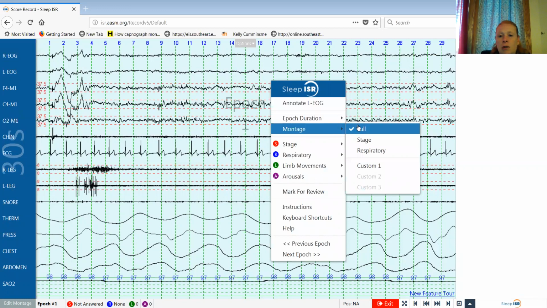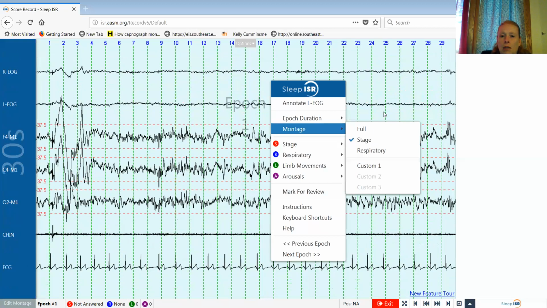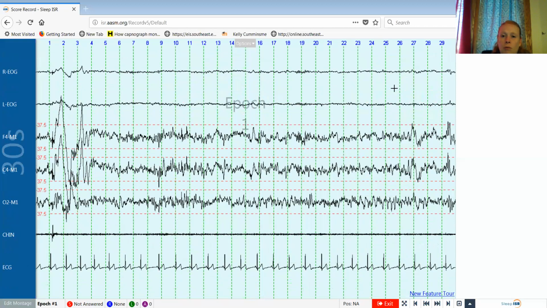You see you have options here: full, stage, and respiratory. If you go ahead and click on stage, and then just click anywhere outside of those boxes, that'll make that box disappear. Now you can just see your stage EEG, EOG, chin, and EKG. Okay, so notice this is much easier to see.